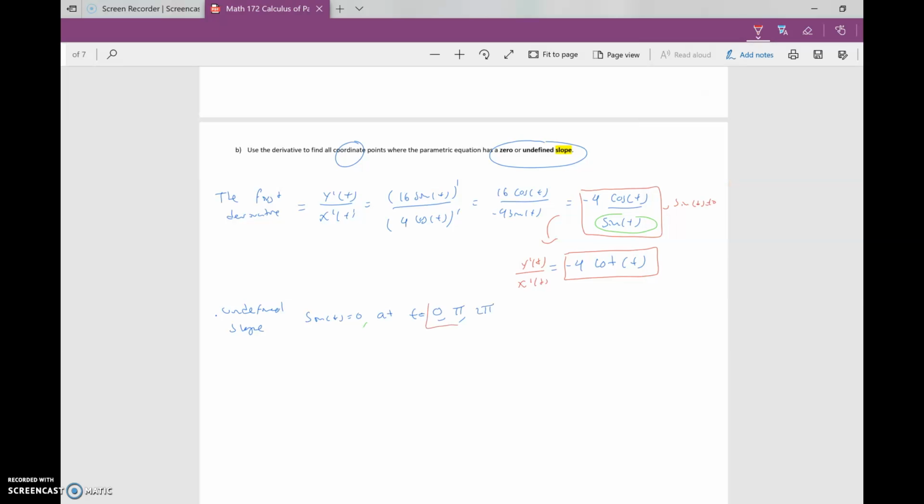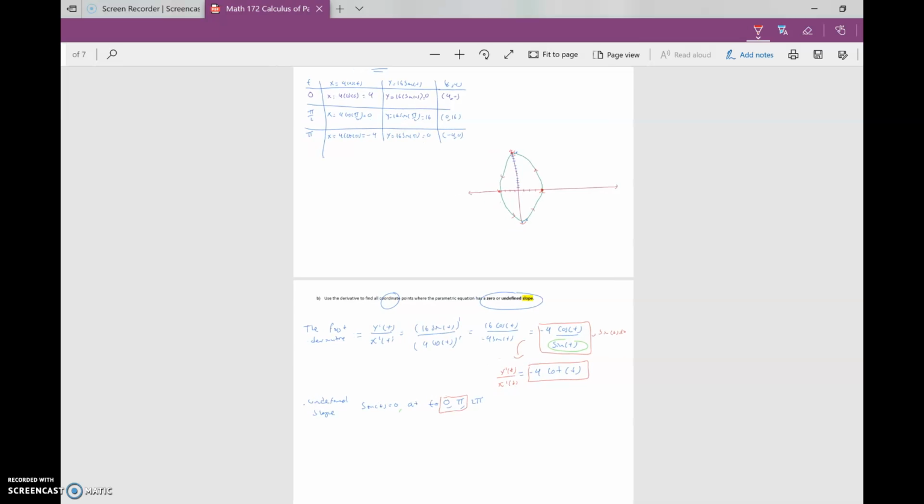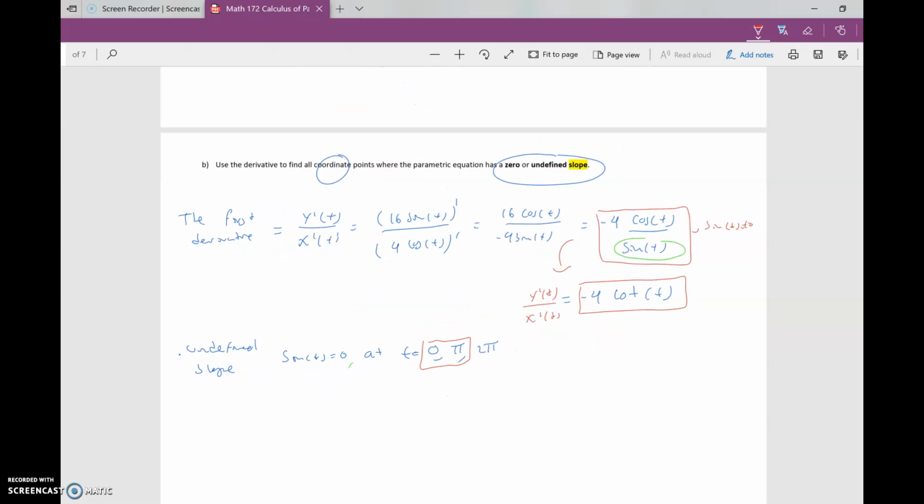Technically, you only need these two. 2 pi, they're going to repeat. And at those points, we already have them here. So it's actually going to be these two. So the coordinate points are going to be 4, 0, and then -4, 0. At those 2 points, the actual tangent line happens to be undefined.